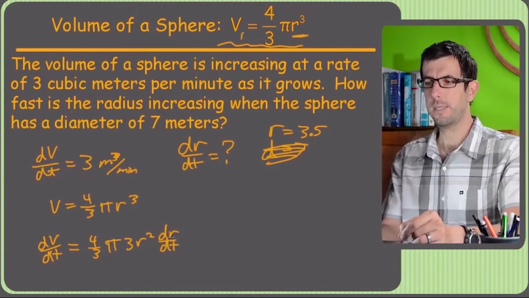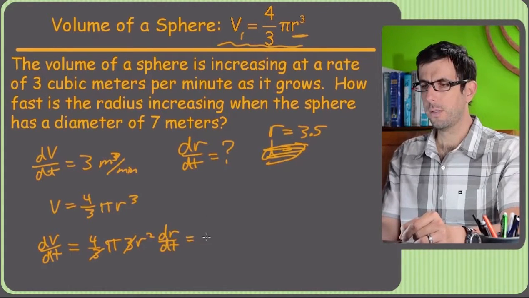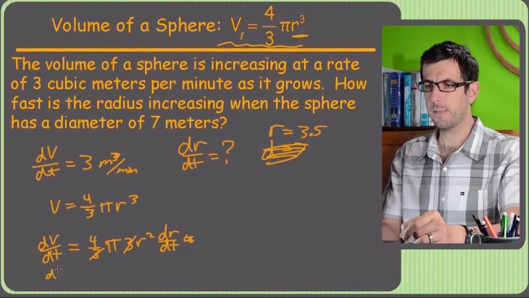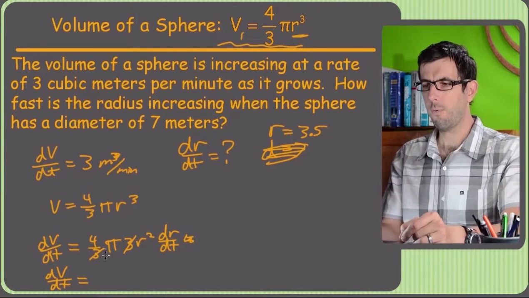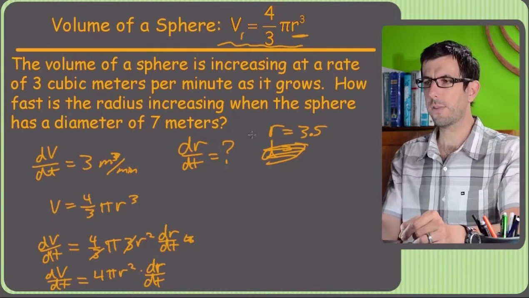Don't want to forget that dr/dt. That 3 cancels the denominator, which is nice. So we've got dV/dt equals 4 pi r squared times dr/dt.